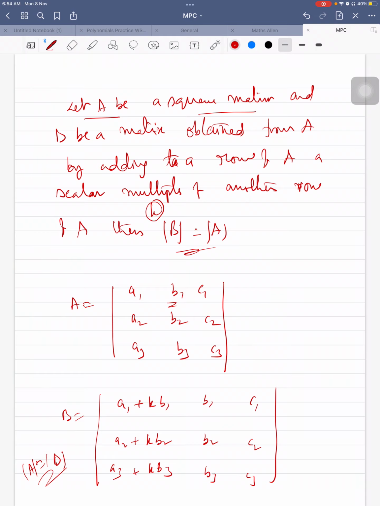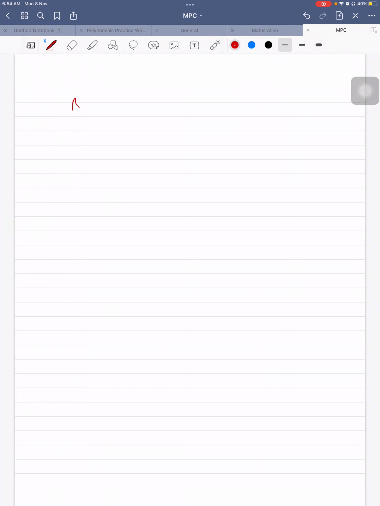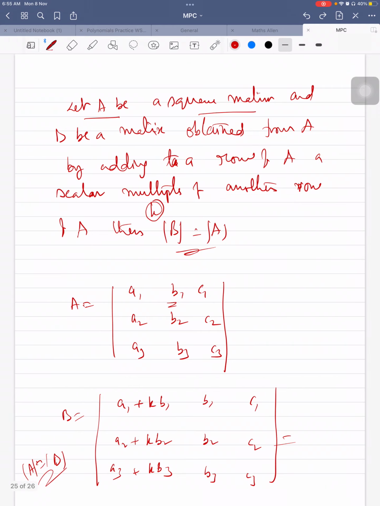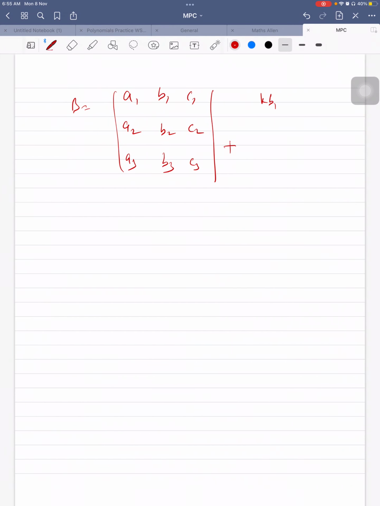You can prove it. See, this can be written as, let B be A1, B1, C1, A2, B2, C2, A3, B3, C3 plus K of, by using the previous property, KB1, KB2, KB3, B1, B2, B3, C1, C2, C3.